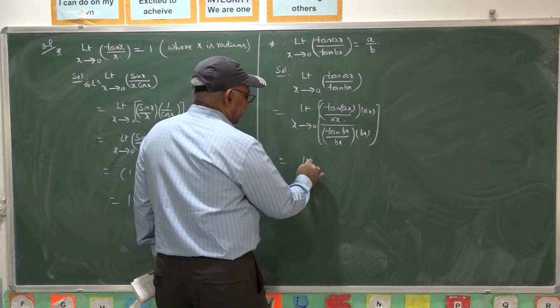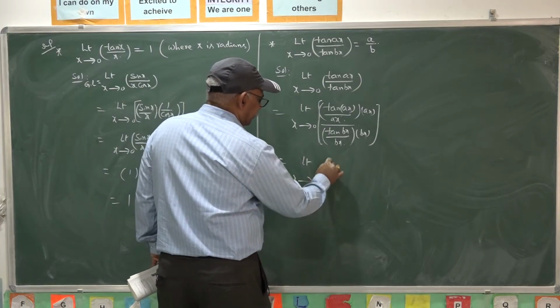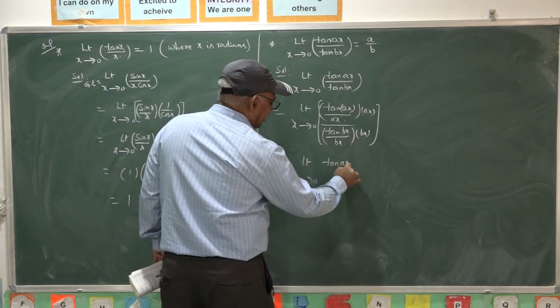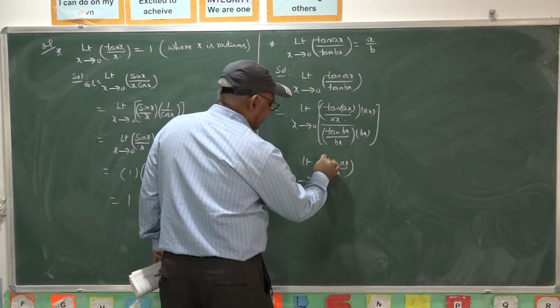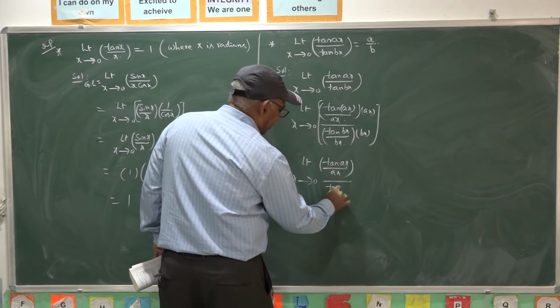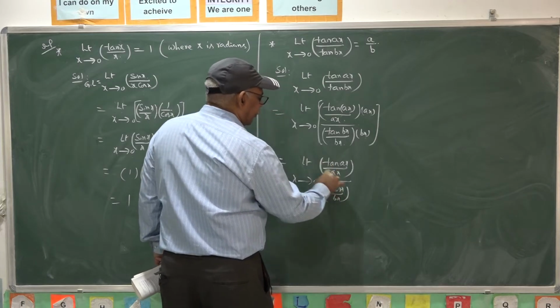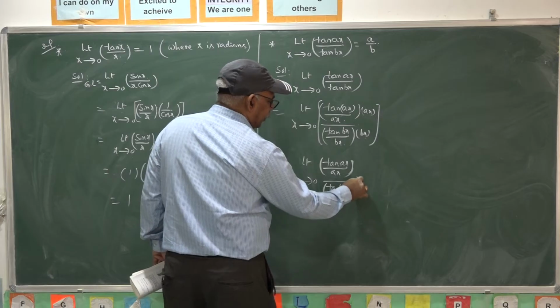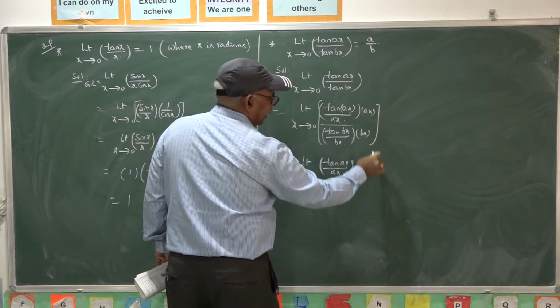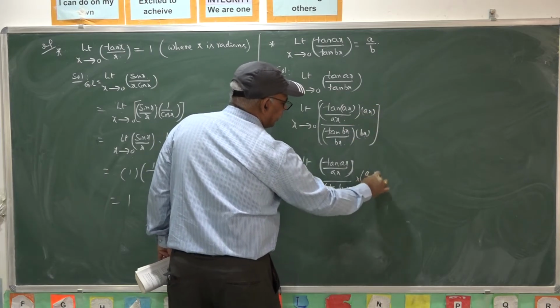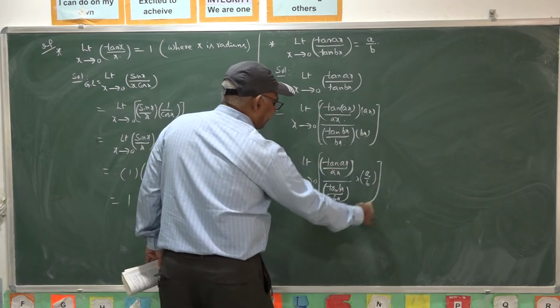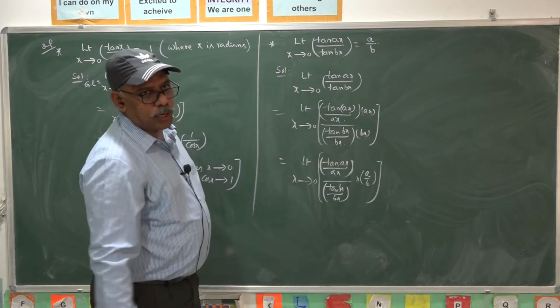That gives us limit x goes to 0, tan ax by ax, by tan bx by bx. This is one function, this is another function, into ax by bx. That gives us a by b. A by b is a constant.